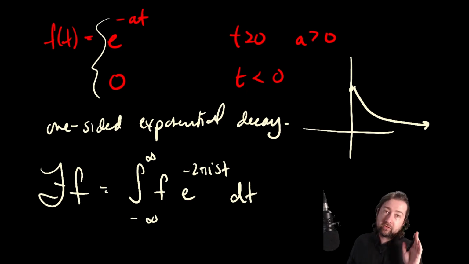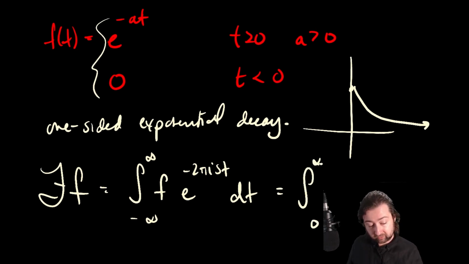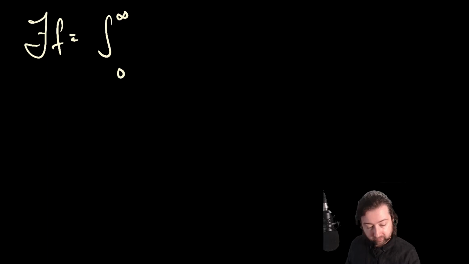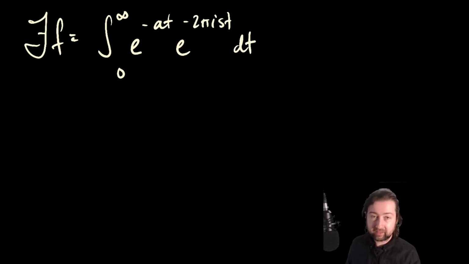But because this function is only non-zero between 0 and infinity, I can immediately rewrite this as the integral from 0 to infinity of e to the minus at, e to the minus 2 pi i st dt.